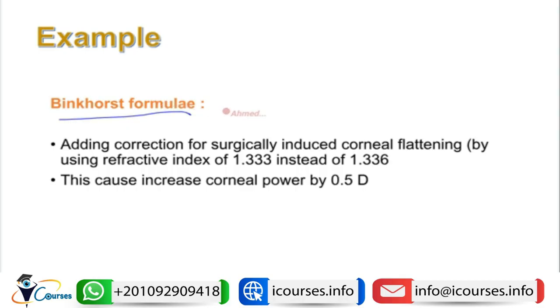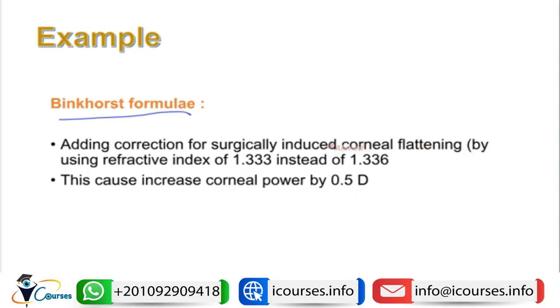The Binkhorst formula uses the previously mentioned factors, and it uses a correction factor for the surgically induced corneal flattening. For example, the corneal incision will cause corneal flattening.